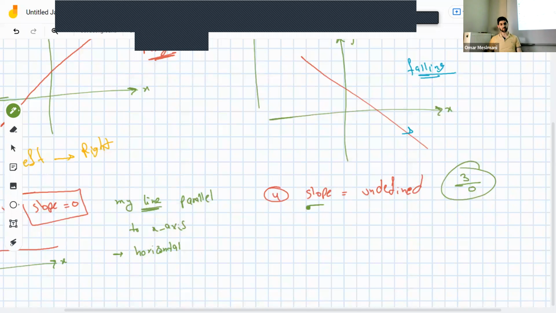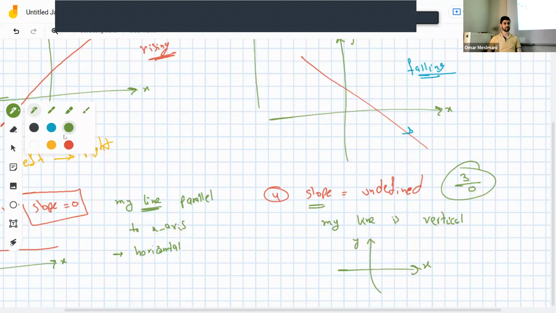So if the slope is undefined, it means that my line is vertical. So when you draw the line and the line is vertical, it means that the slope is undefined. If it's vertical, it means undefined. It means parallel to the y-axis.